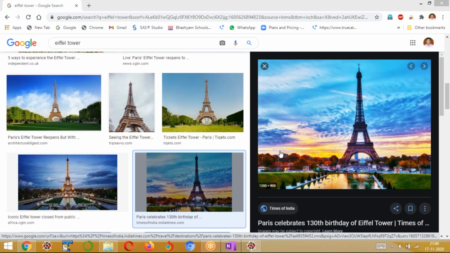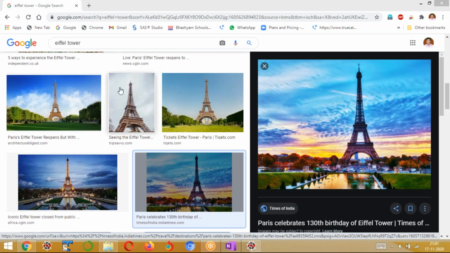Very small, no? Each one part is going to be 1 pixel. So in this entire picture I have 1200 into 900 pixels. 1200 is the width and 900 is the length, like the x-axis and y-axis in our language. So this entire image contains this many pixels.